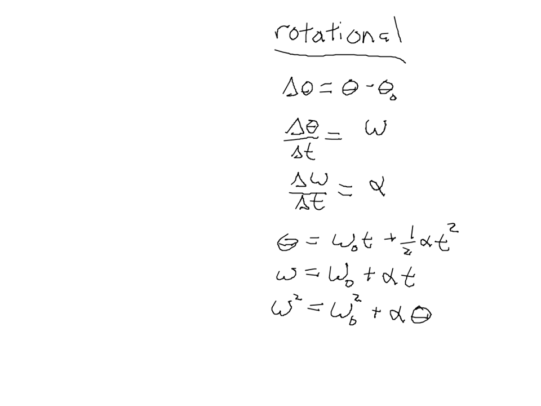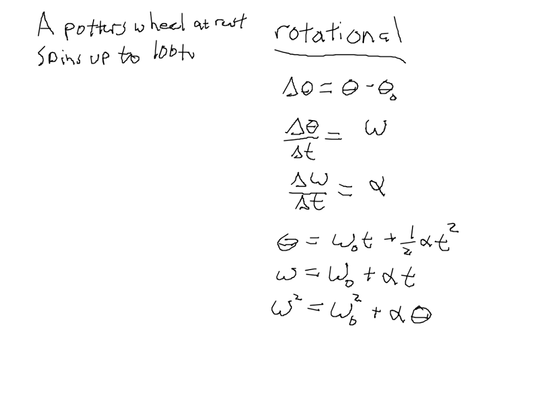Okay, so let's say that we have a potter's wheel, which initially is not rotating, so we'll say it's at rest, and it spins up to 100 turns or revolutions per minute over the course of 10 seconds.